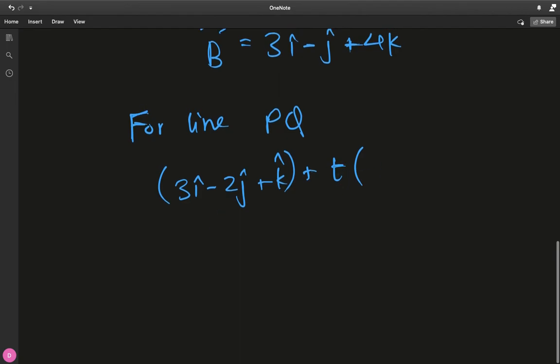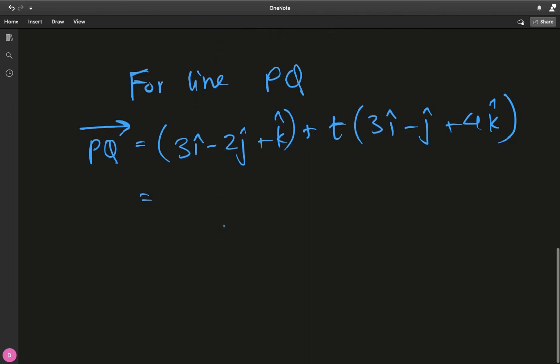and then plus t, that's the parameter for the line, times the direction of b vector, which is 3i cap minus j cap plus 4k cap. You can call that the equation for line PQ, or you can say PQ vector. This is a parameterized vector, or a line. Line is a parameterized vector.